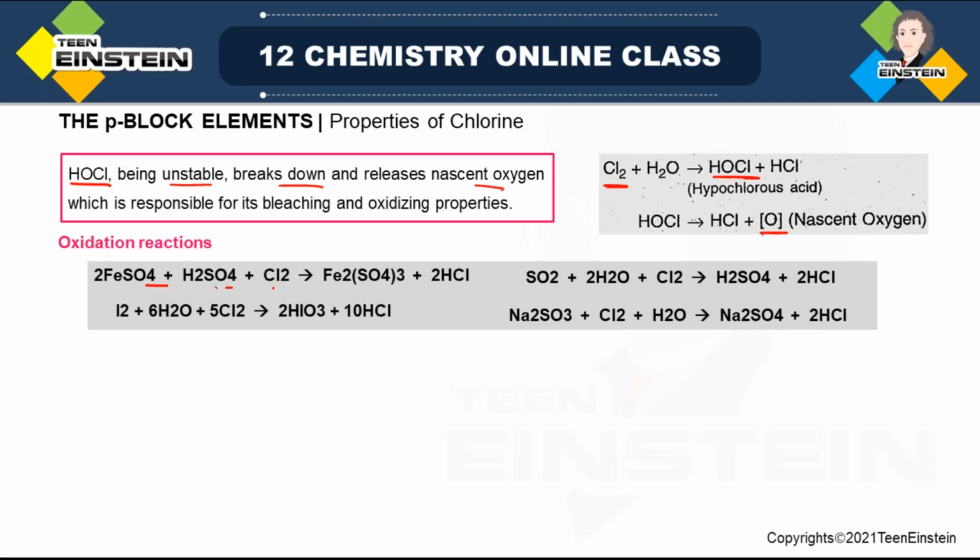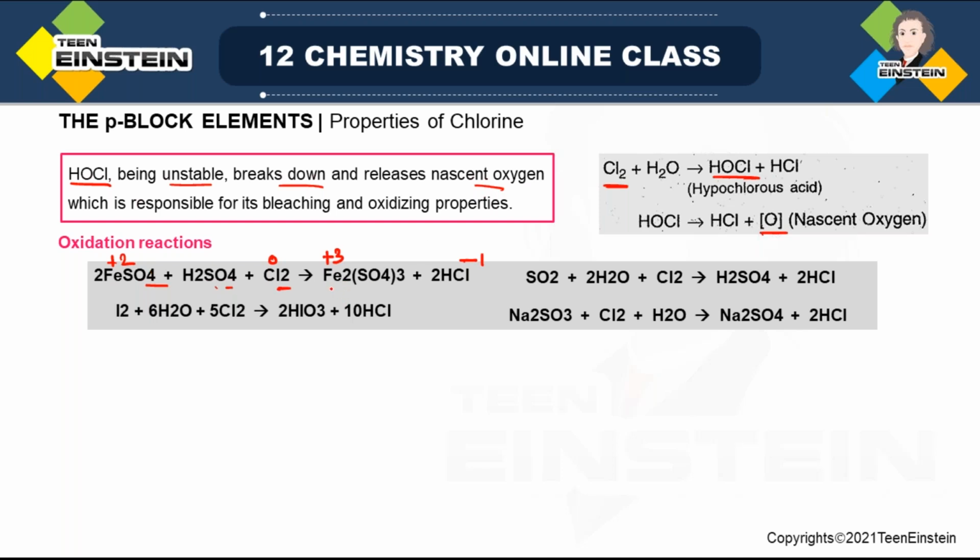Ferrous sulfate, H2SO4, chlorine. That means chlorine, if it is acting as an oxidizing agent, must itself be reduced. So see, after reaction, the fate of chlorine, now it is chloride, -1. And iron, before reaction, has oxidation state +2, but now it is +3. Ferric sulfate. This is ferrous sulfate, Fe2+ charge balanced by the 2 negative charge of sulfate.